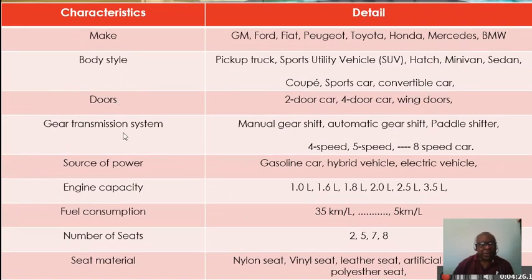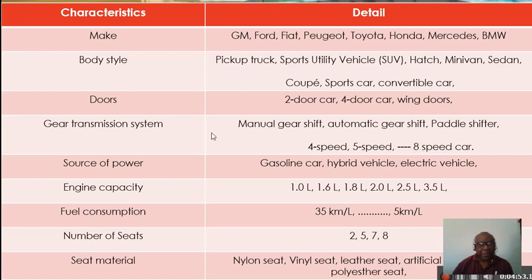We can also describe a car looking at the gear transmission system. For the gear transmission system, we have the manual gear shift, we have the automatic gear shift, we have the pedal shifter. We also use speed, we say 4-speed gear, 5-speed gear. It can be 8-speed, or today I think we have up to 9-speed gear cars.